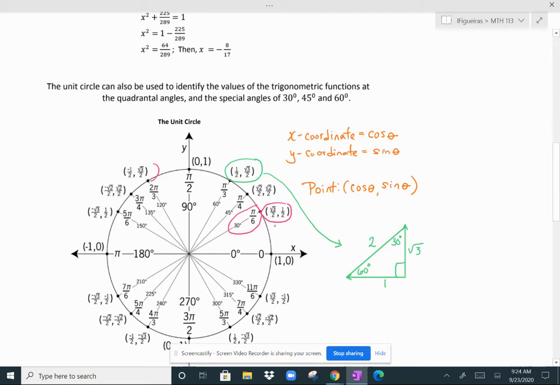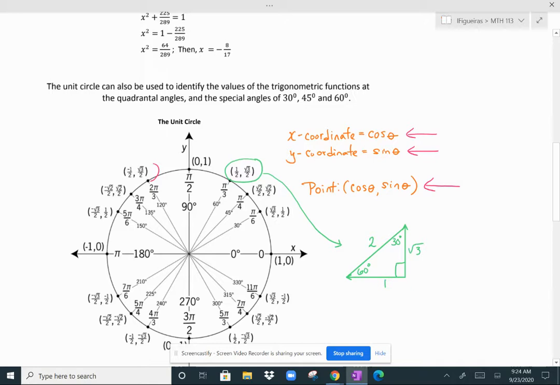So if I did x squared plus y squared, it would equal 1. It's actually on the unit circle. So the x-coordinate of all of these points represents your cosine value of your angle, and the y-coordinate represents the sine of an angle. So every point represents a cosine and a sine.